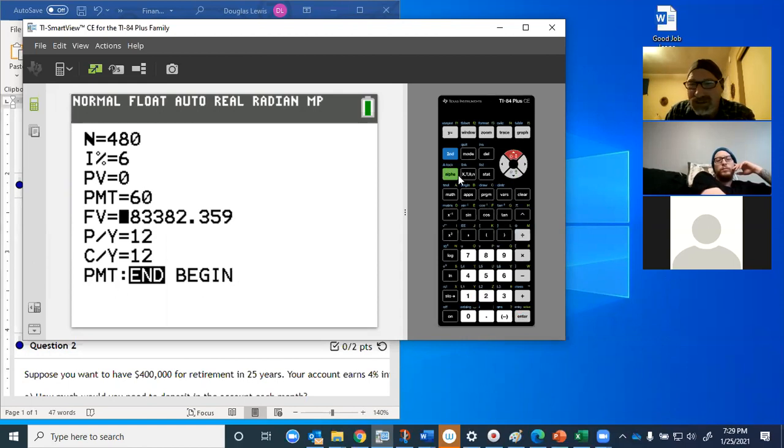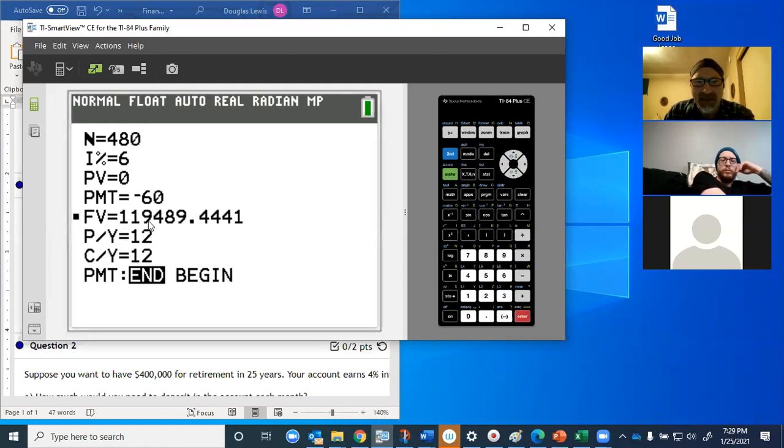Anyway, what's the future value? $60 a month, not very much. Oops, I put in the negative in the wrong place. That's supposed to be a negative 60, right? Negative 60, because it's going out. This is how much you'll have to come back. $120,000 almost.